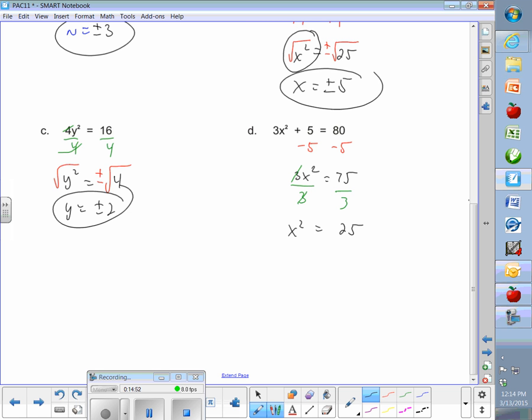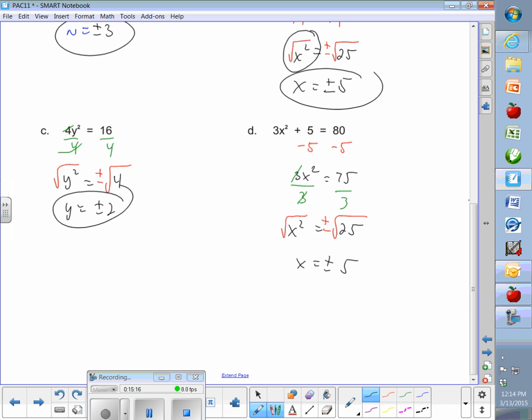Devin, what do I do next? Take the square root of both sides. I agree. Just like that? Is that all I want to do? All right, don't forget the plus minus. And on this one, we end up with x equals plus or minus 5.